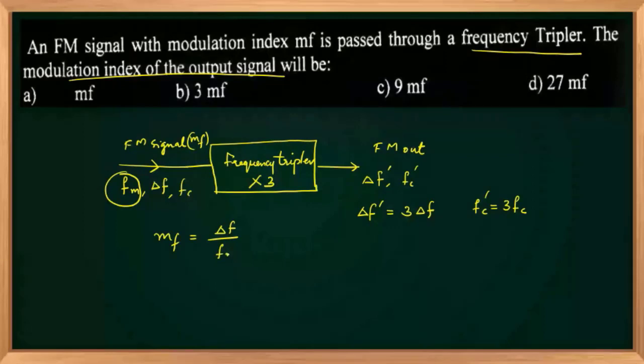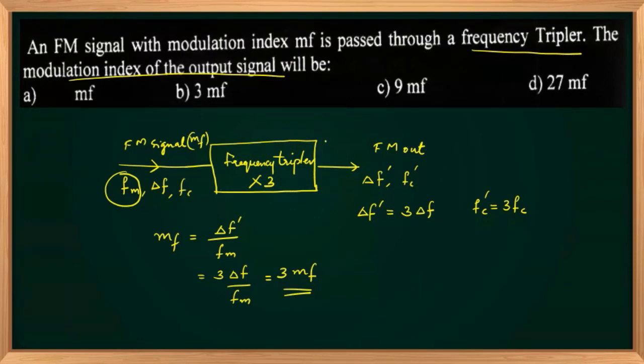In this case, delta F dash is 3 into delta F by FM, which is 3 times the modulation index of the original FM wave. So at the output, this FM wave has modulation index 3 MF.